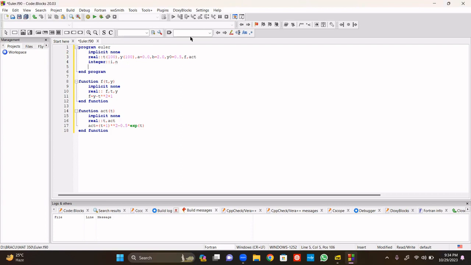Earlier discussion. Okay, say if the number of subintervals is n, the number of grid points is n plus 1. You can understand that because we are starting with x naught or t naught or y naught and ending with tn or yn. So there are n plus 1 points.